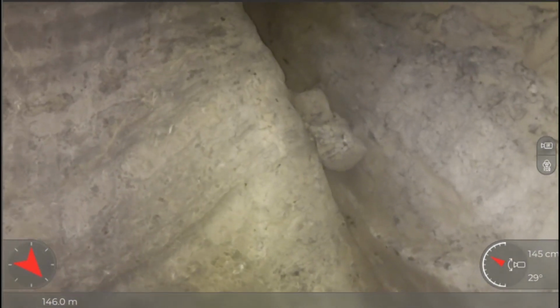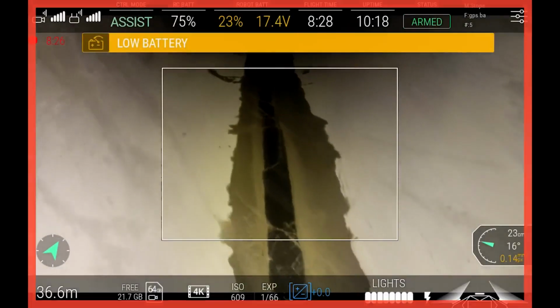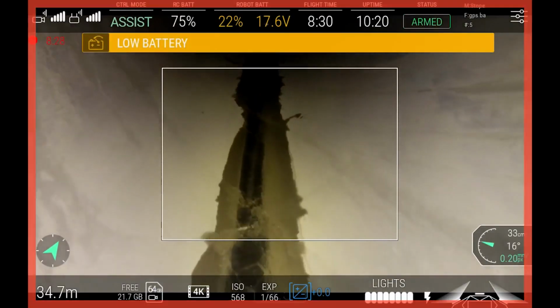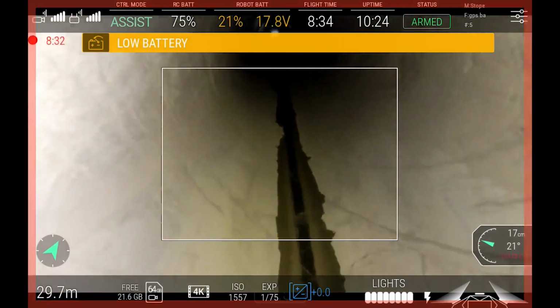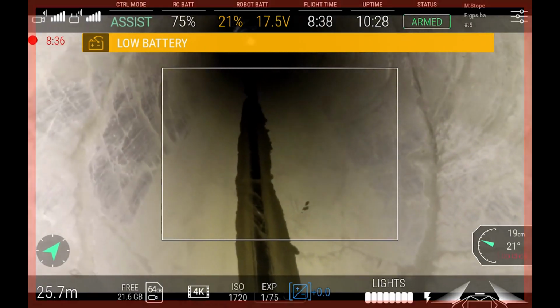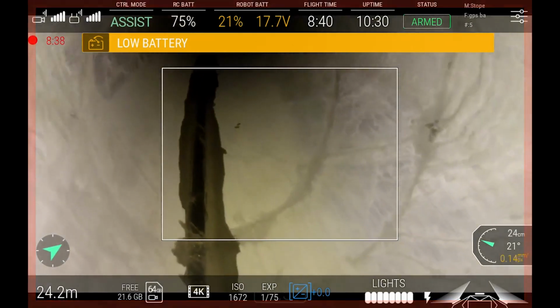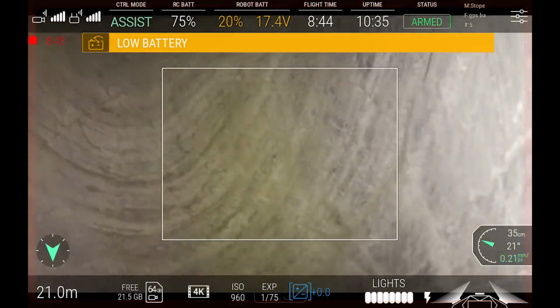You can see that all the dust is going up here. And you will see some other stones hanging up that could potentially fall. And a very interesting part of this video will be at the end in a couple of seconds when we try to fly out of the stope, from the bottom.